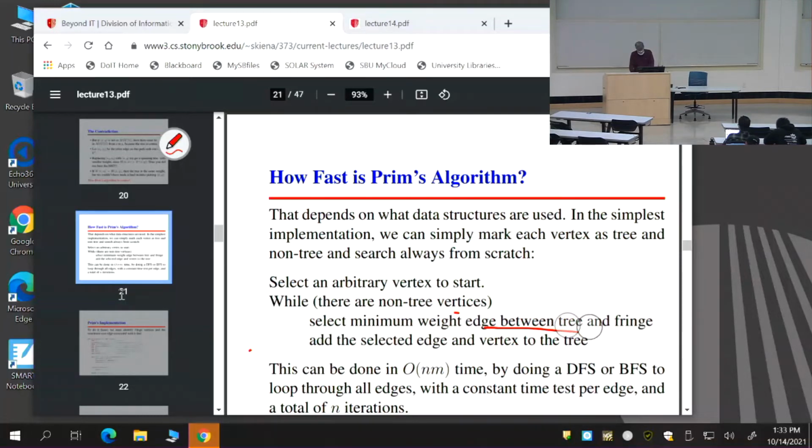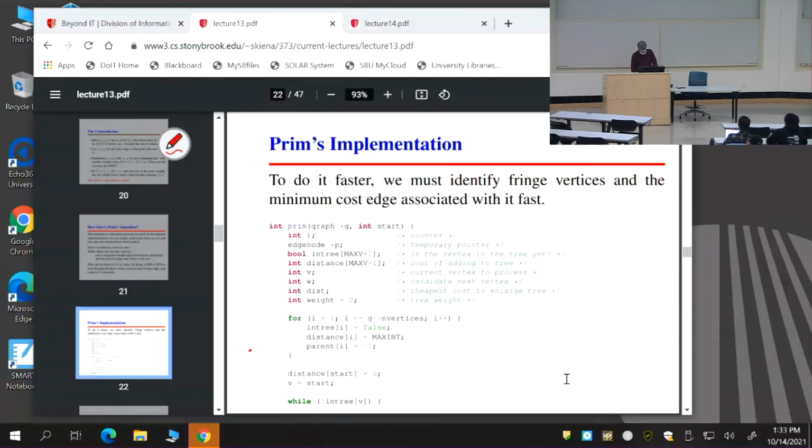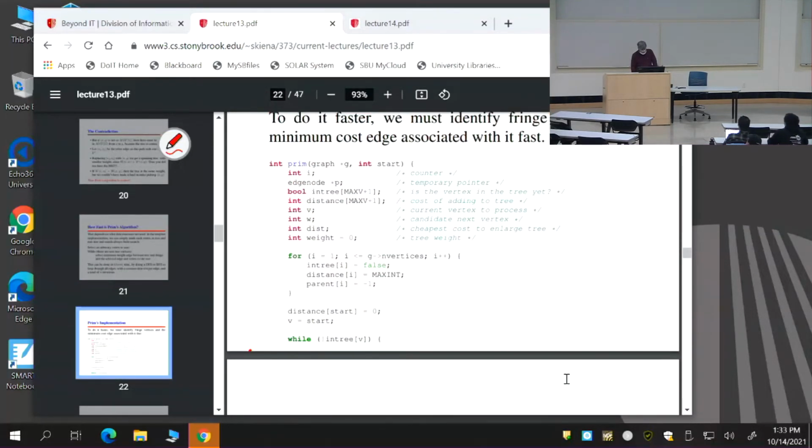The answer is, let's use a data structure to keep track of these things. In order to do it faster, we have to be able to identify the fringe vertices, the ones that are one edge away from being in the tree, and the cheapest way to get to each of them.